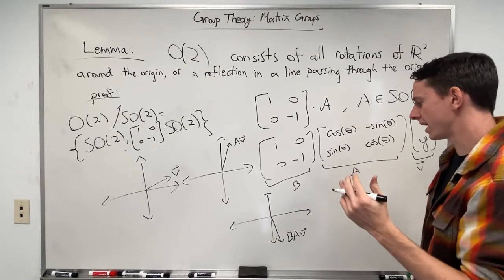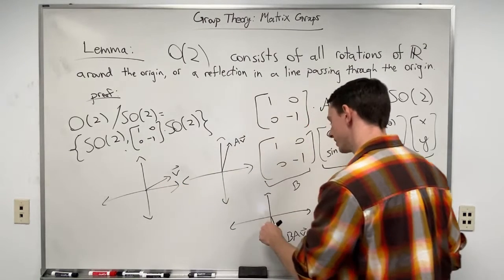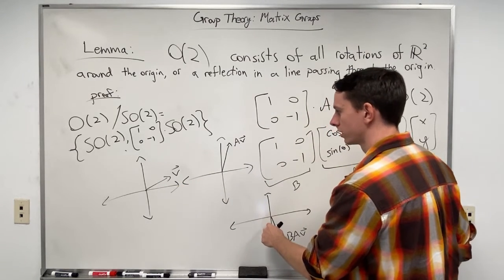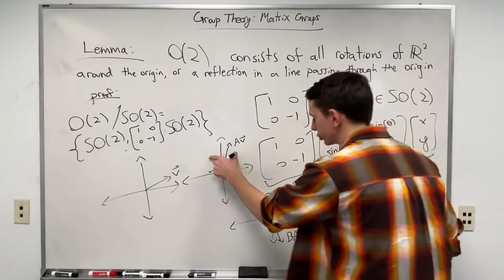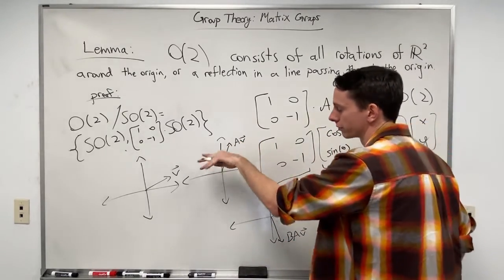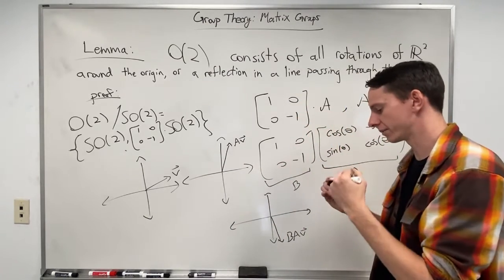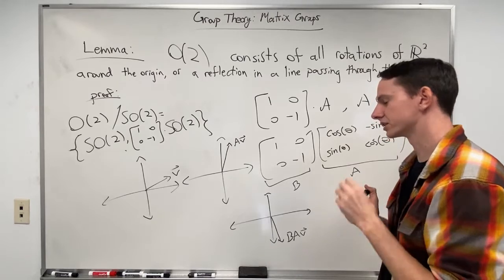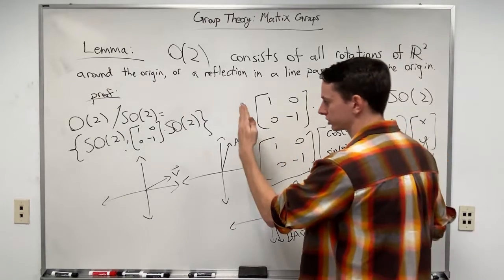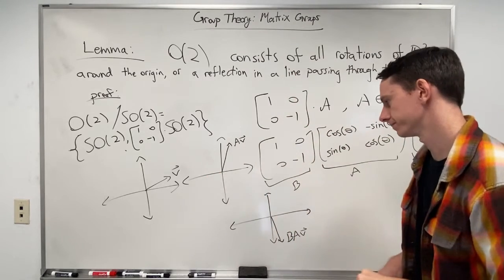So if we started with a vector like this, and then we ended up with a vector like this, rather than thinking about them as two separate transformations, a rotation and then a reflection about the x-axis, you could combine those into thinking of it as some reflection about some line pointing through the origin.